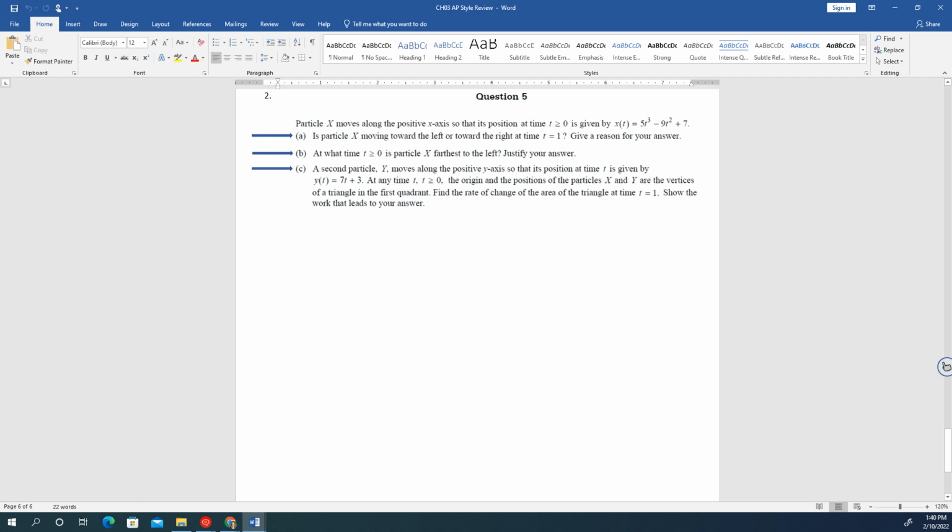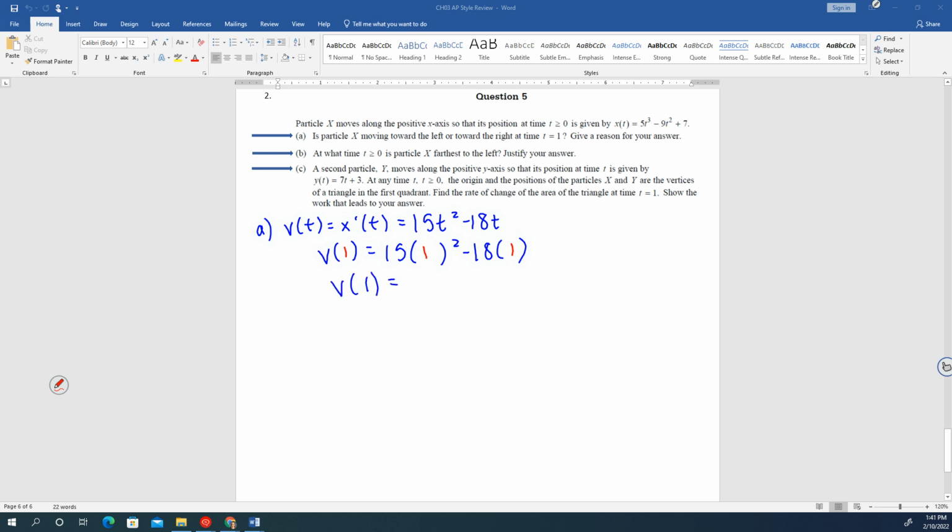So since our velocity is our speed with direction, we just want to basically find my velocity at 1 and check the sign. So to find the velocity, we just find the derivative of the position, which is 15t squared minus 18t. And again, all we really want is to evaluate this at 1. So 15 minus 18 gives us a -3.